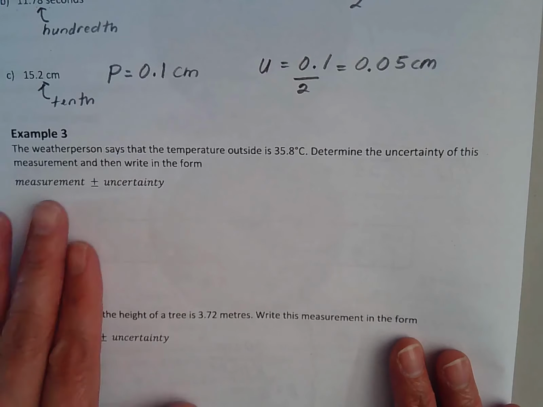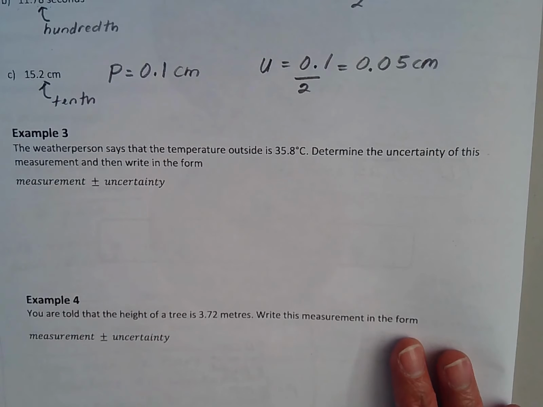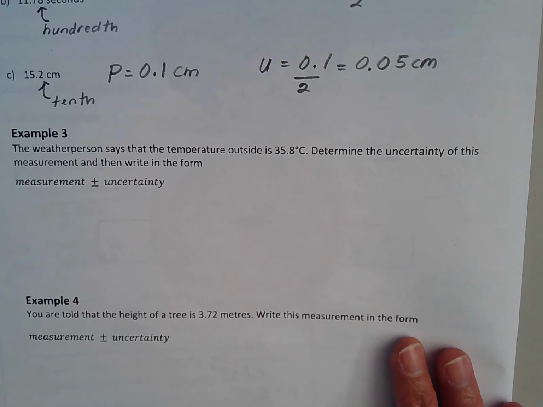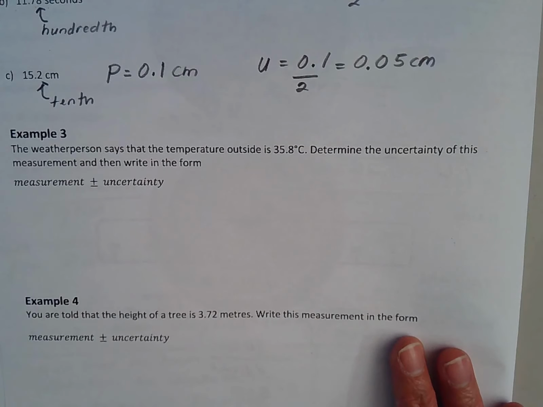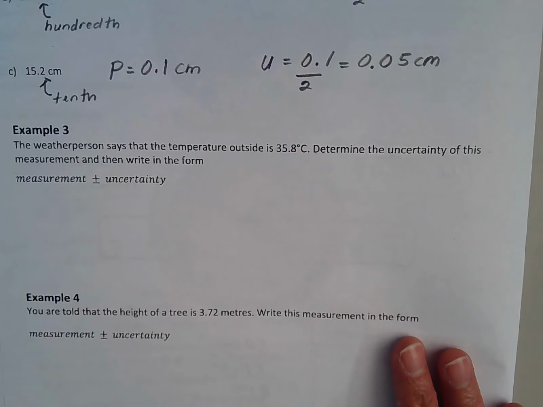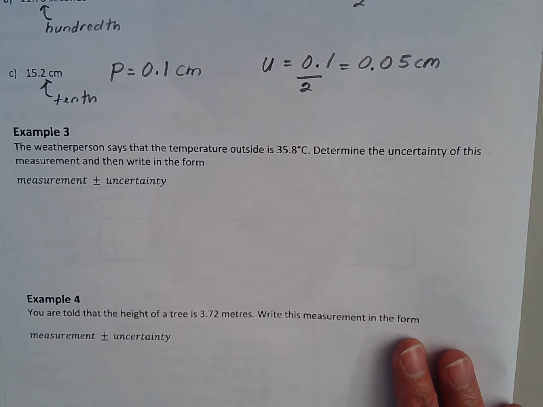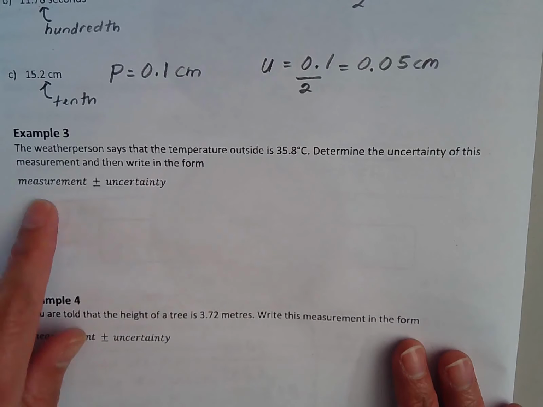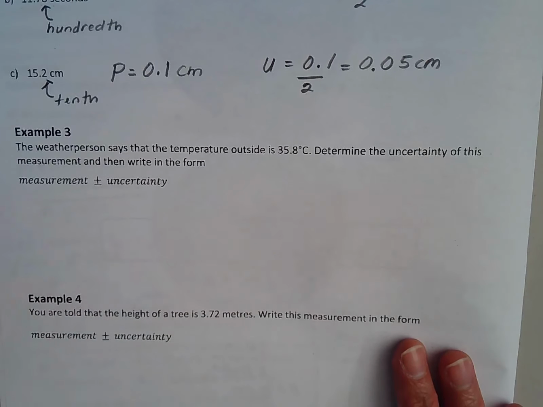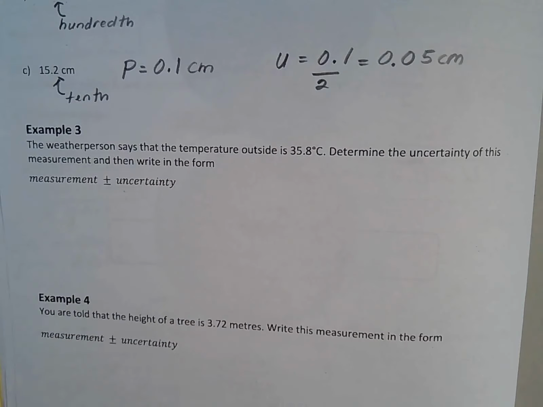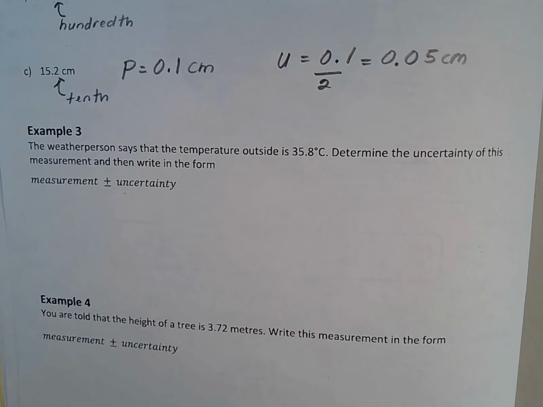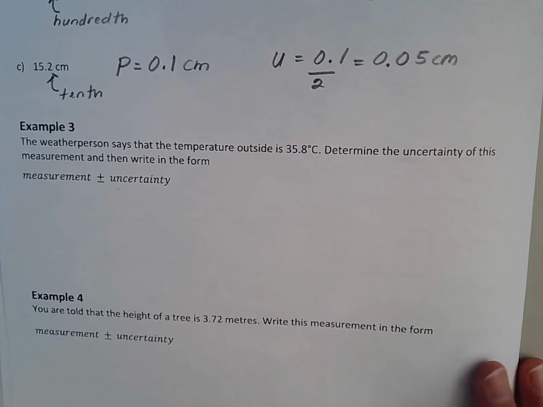Like somebody gives you a measurement that's not quite exactly the way it is, but then we could say, oh, give or take something, right? They're giving you a measurement, but because they're not sure, they give you some degree of uncertainty. Plus or minus something.